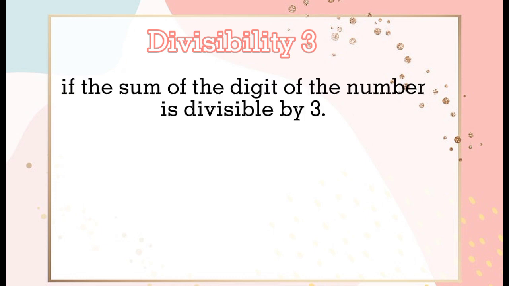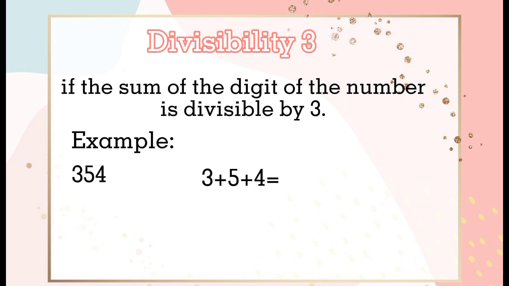Let's proceed to the divisibility rule for 3. A number is divisible by 3 if the sum of its digits is divisible by 3. Example, 354. Let's add it all: 3 plus 5 plus 4 is equal to 12. 12 divided by 3 is equal to 4. That's why 354 is divisible by 3.